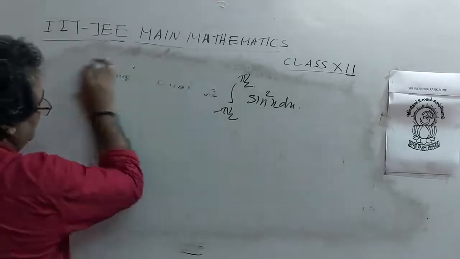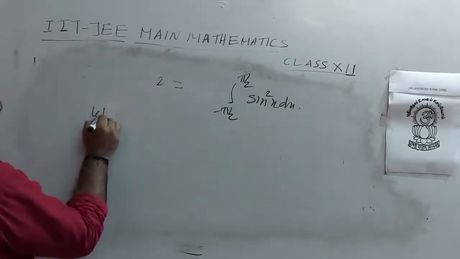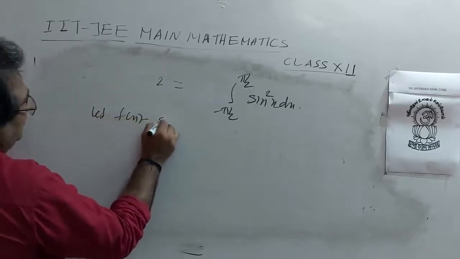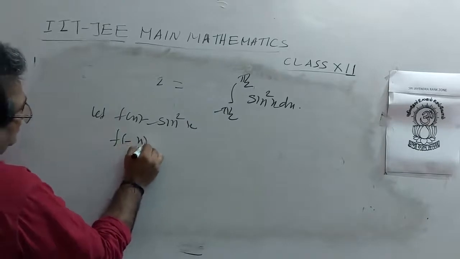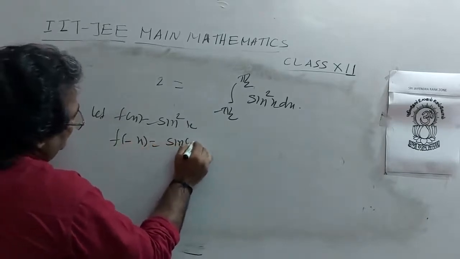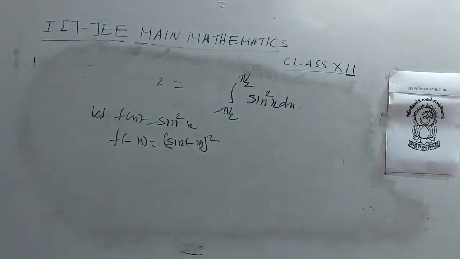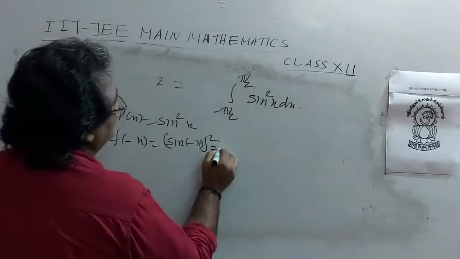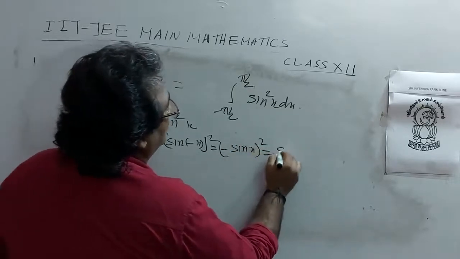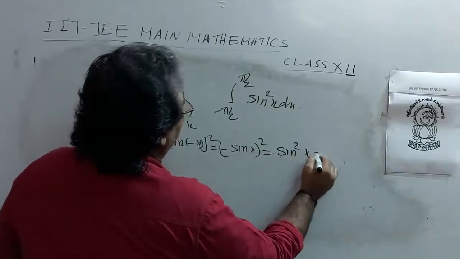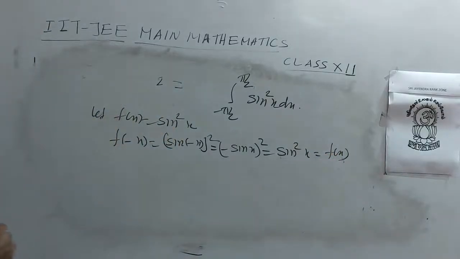Let f of x equal sin squared x. f of minus x equals sin of minus x the whole squared, that is f of x.